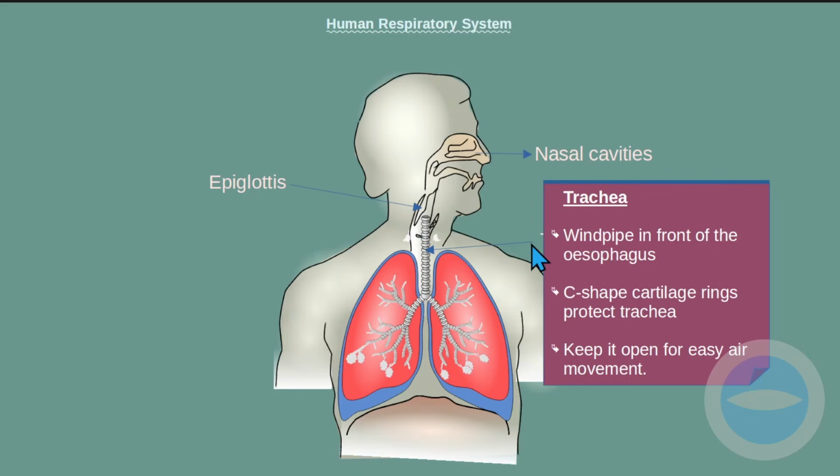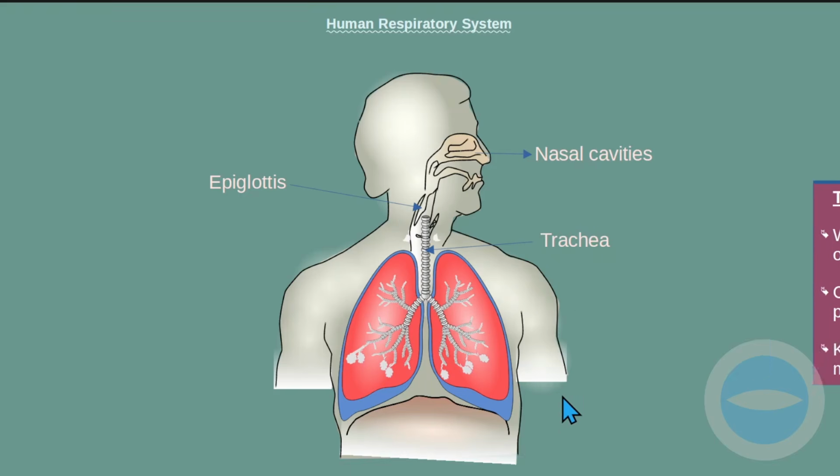And it has C-shaped cartilage rings that protect the trachea. So it has a C shape. It keeps it open for easy air movement. This C shape makes sure that the trachea is always open so that air can travel very easily. So these are the adaptations and the functions of the trachea.